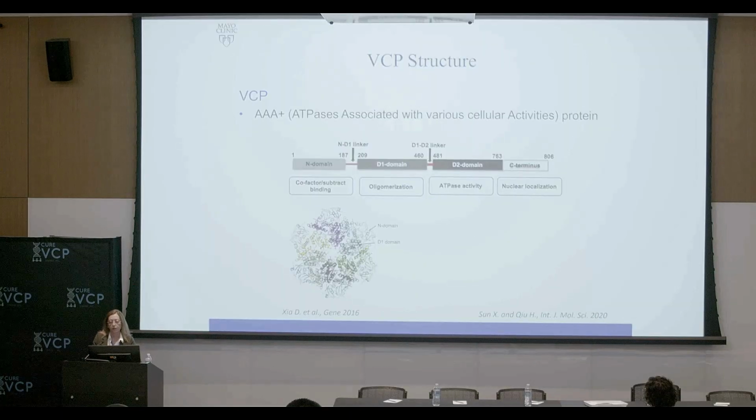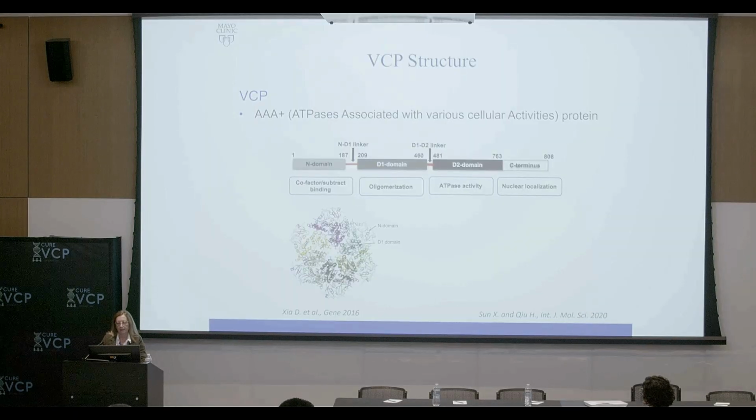Now, VCP, as you know, is an ATPase, and it has 4 domains. An N domain, which is essentially for binding substrate, and then a D1 domain that has a crucial role for oligomerization, because VCP operates as a homohexamer in mammalian cells.